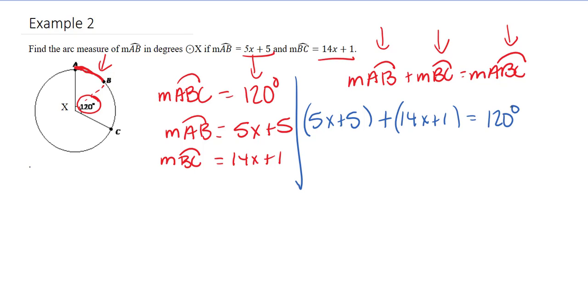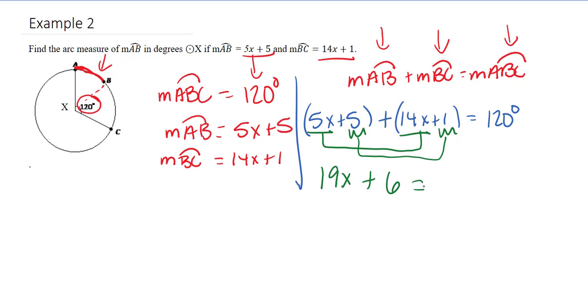Now let's simplify on the left-hand side because we know 5x and 14x can be combined, and the 5 and 1 can be combined. So we're going to add like terms. 5x plus 14x means we're adding up the numbers, so 5 plus 14 is 19x. Then we add 5 plus 1, which is 6, which is equal to 120.